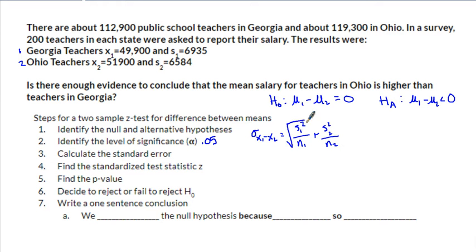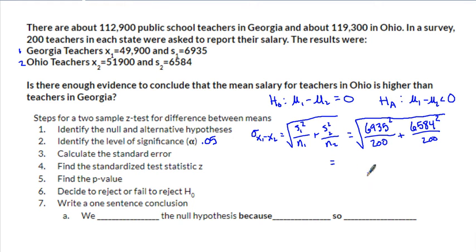So standard deviation 1 from Georgia was 69.35, and that is going to be squared over the sample size of 200. Standard deviation for my second sample, which is Ohio, is 65.84 squared over 200, and then we're taking the square root of that whole thing.